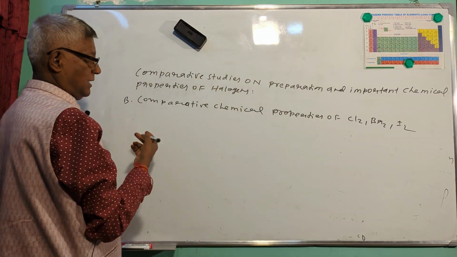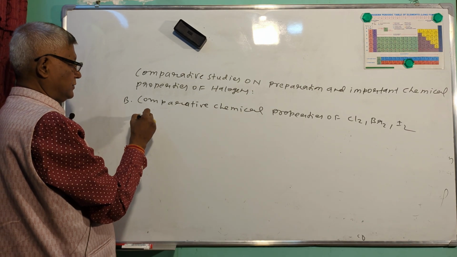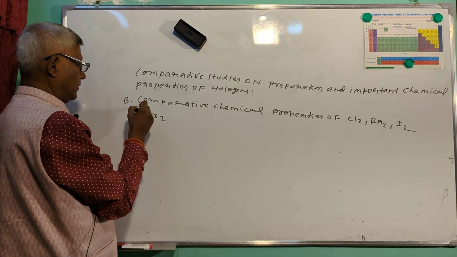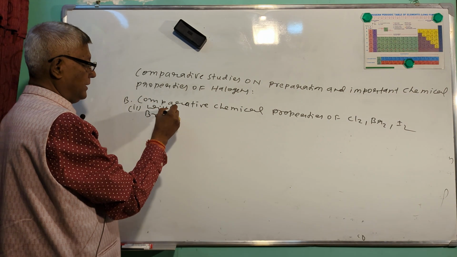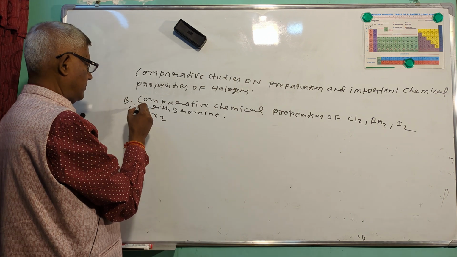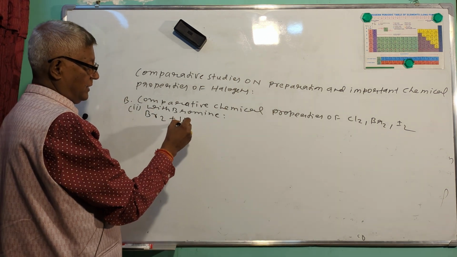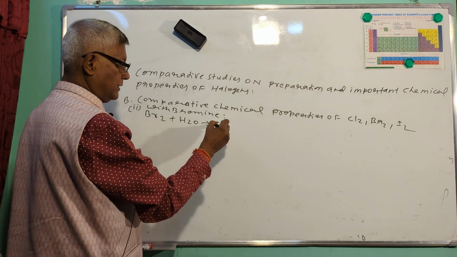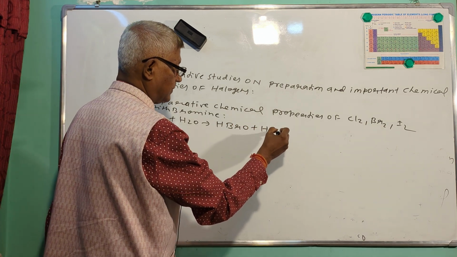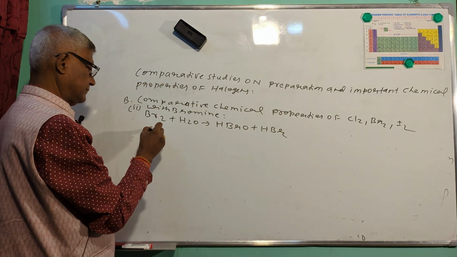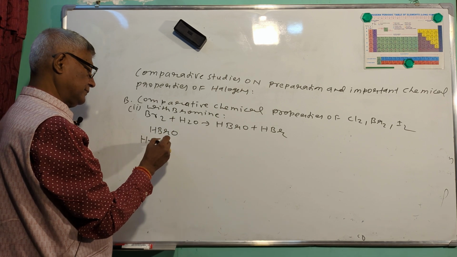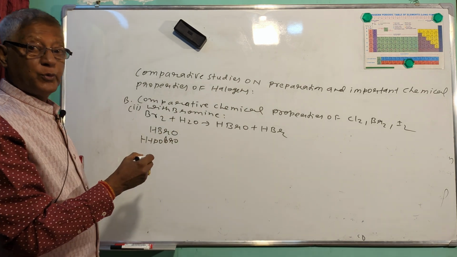Bromine has somewhat lower. Now bromine again reacts with water, and what do we get? HBrO plus HBr. HBrO is hypobromous acid.